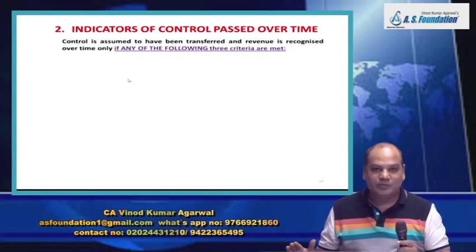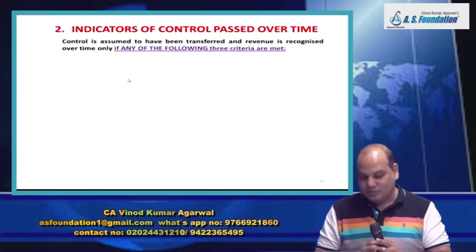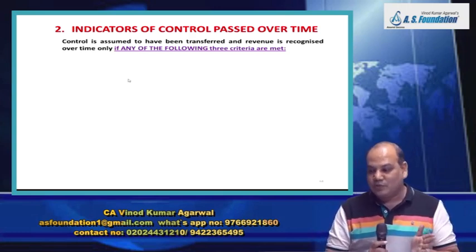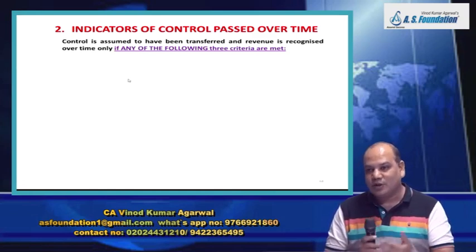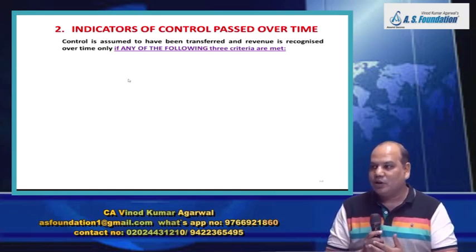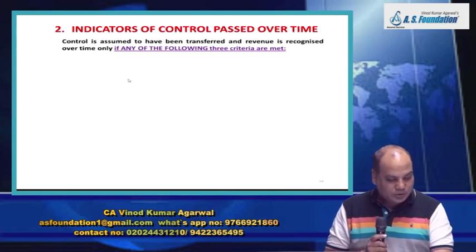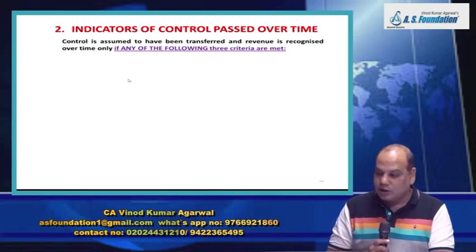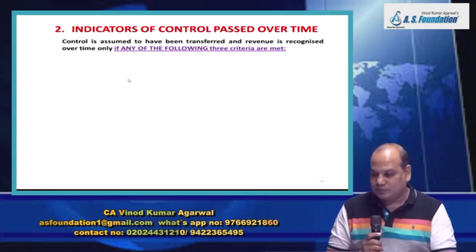So again, this chapter involves a lot of judgment. In this case also, whether we should recognize revenue over a period of time or at a point of time, management may have to apply their judgment. So these examples will help you to identify that the control has been transferred. Now, indicators of control passed over a period of time.